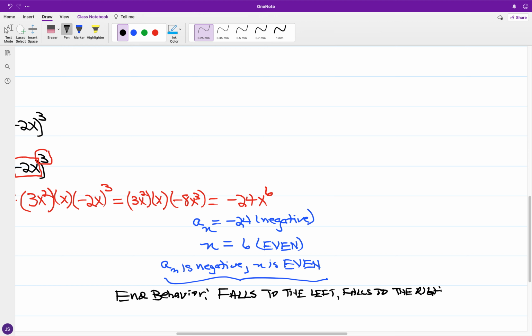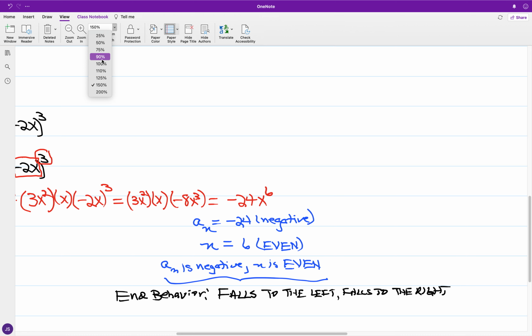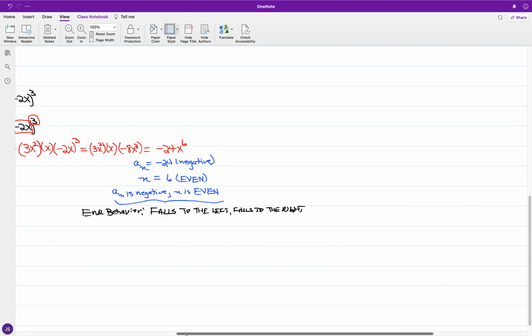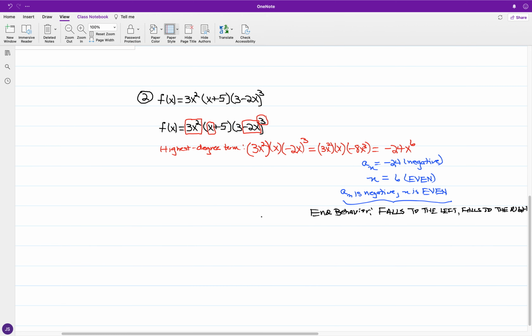So it's going to be moving downward at both ends. That was the result for part A, falls to the left and falls to the right.